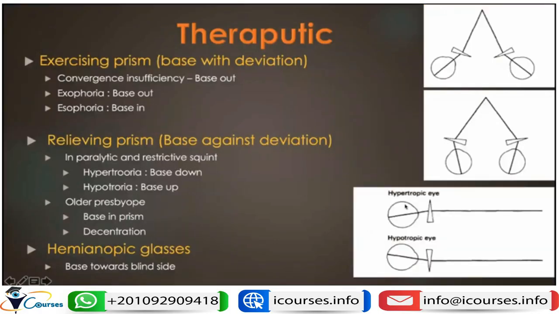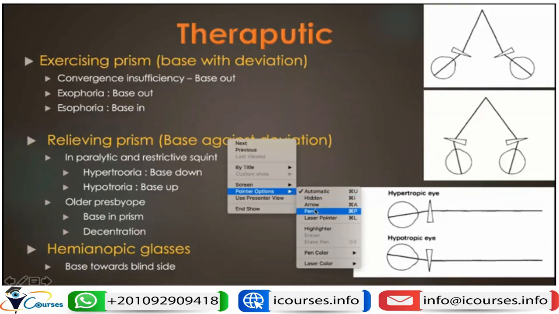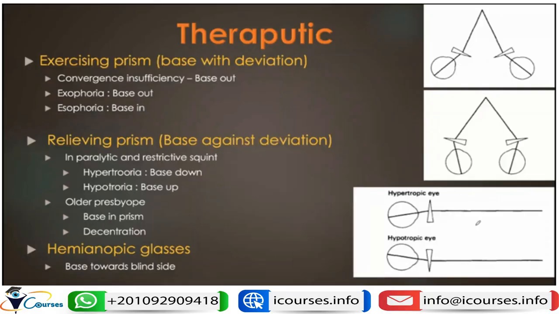So if we have a hypertropic eye, for example if the patient has a fourth nerve palsy, this hypertropic eye cannot be depressed. So I cannot train this eye to descend downward.